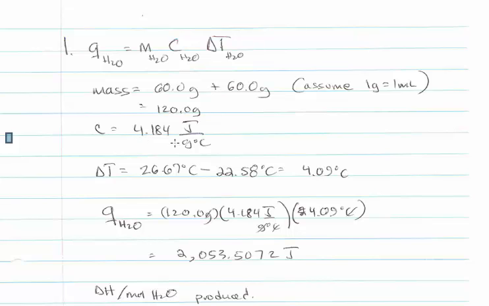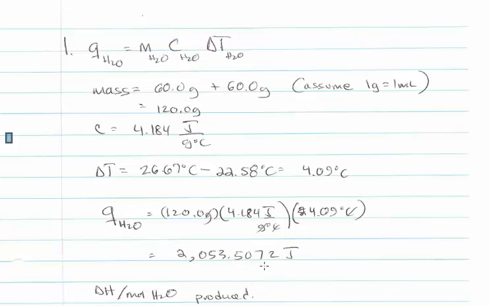Here's the specific heat capacity of water. And the delta T is the final temperature minus the initial temperature to give us 4.09 degrees Celsius. When I multiply these three values together, all of the units cancel out except for joules, my energy unit. This is a positive number because the water is absorbing the heat.